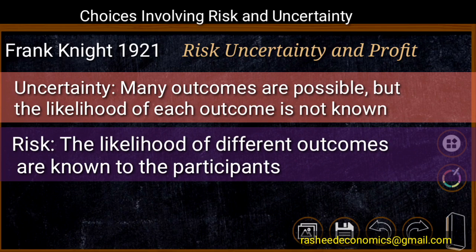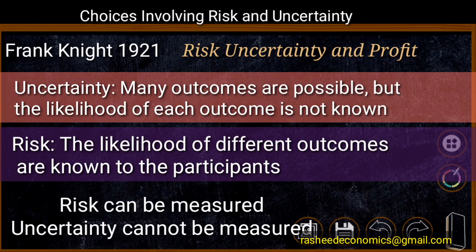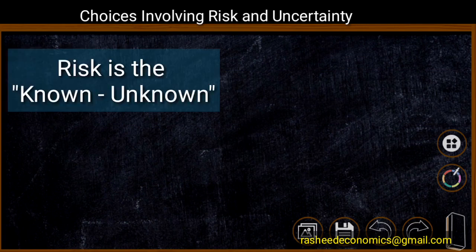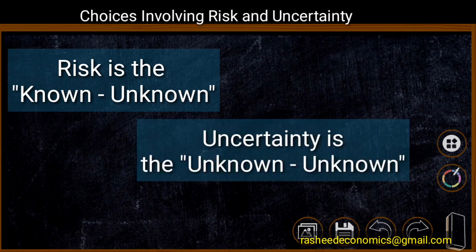Therefore, risk can be measured but uncertainty cannot be measured. Or we can say that risk is a situation of measurable uncertainty. The simple way of understanding risk and uncertainty is: risk is the known unknown, but uncertainty is the unknown unknown.